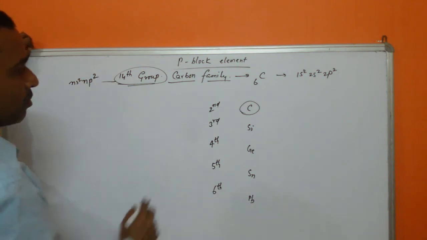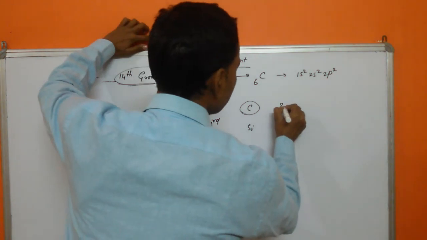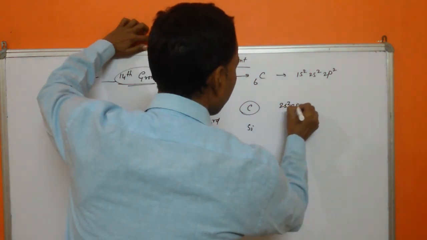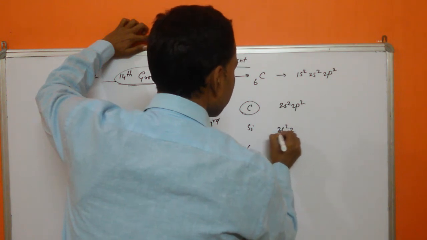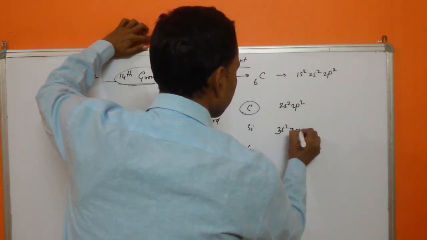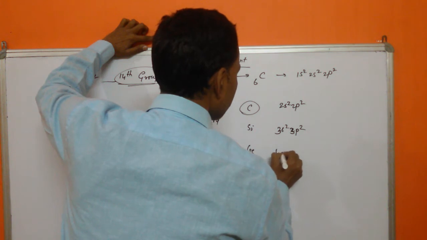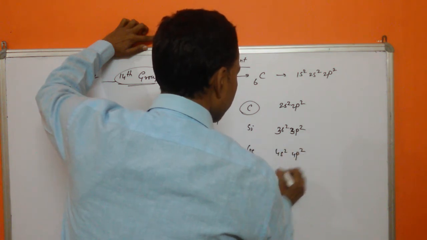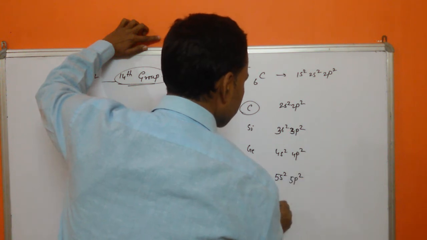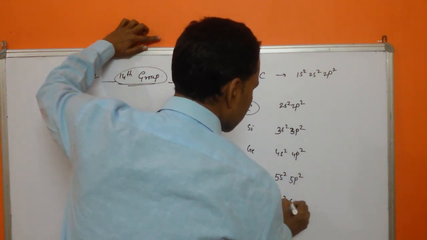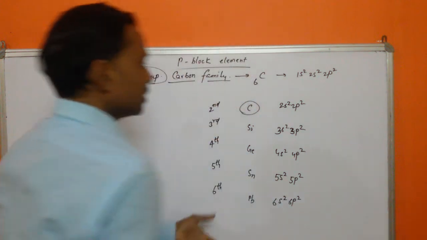In the second period it is 2s2 2p2, then 3s2 3p2, 4s2 4p2, 5s2 5p2 and 6s2 6p2.